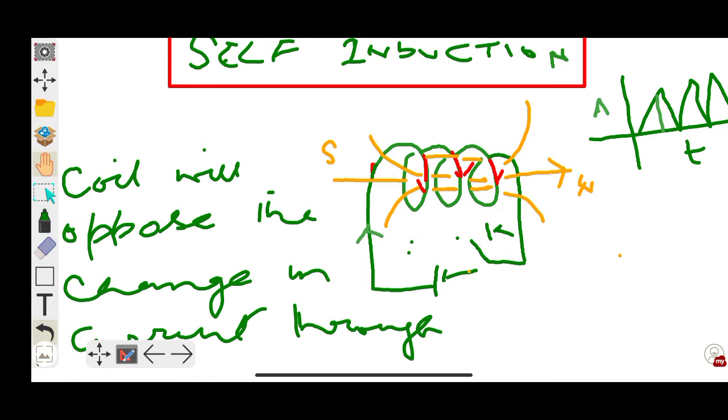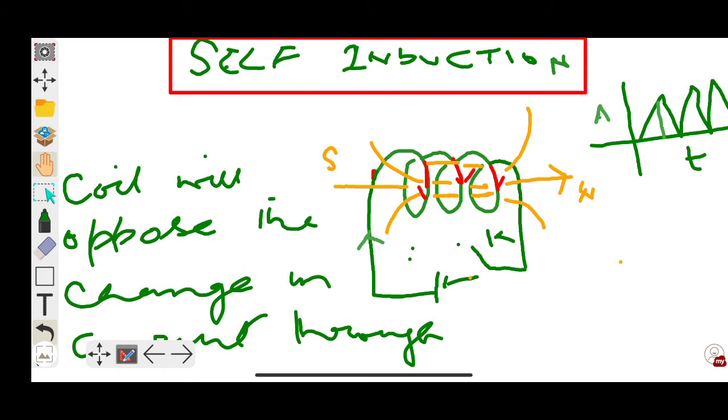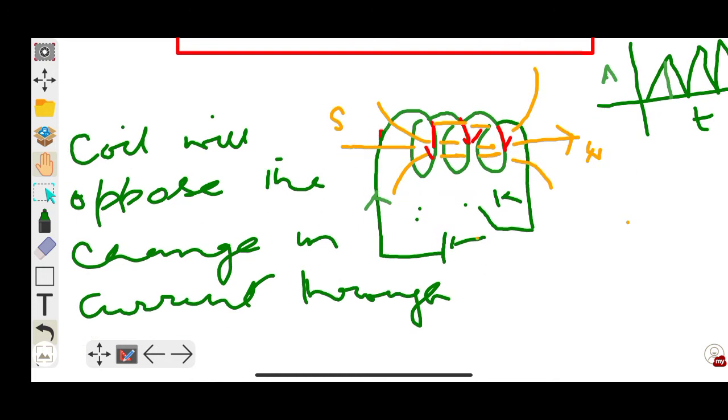When you tap on the key, the current rises, becomes maximum, and then if you're breaking and making the circuit, so when you press the key, the current rises. When you release the key, the current again starts falling. So there is this increase and decrease of current that I am showing by means of this peak.